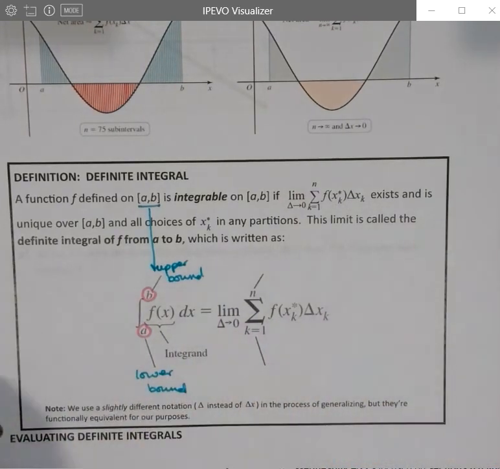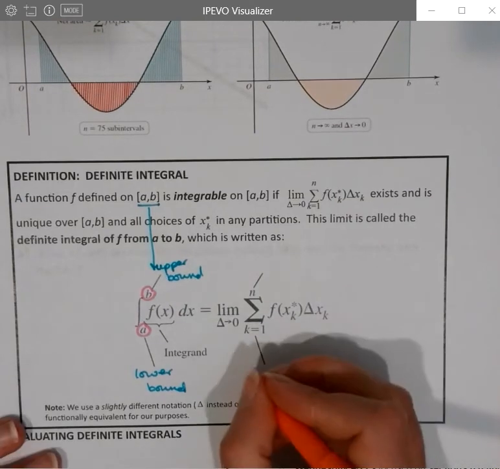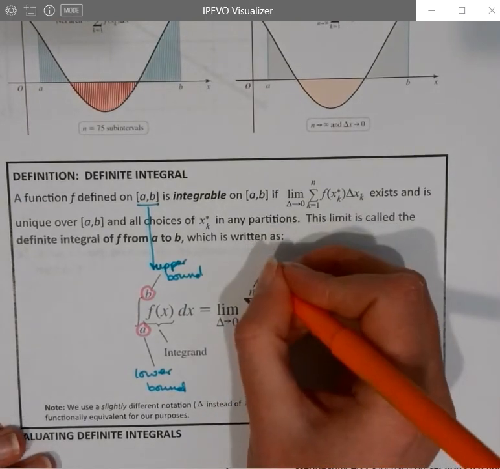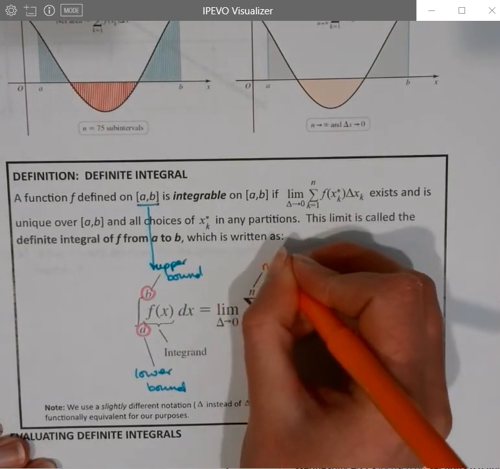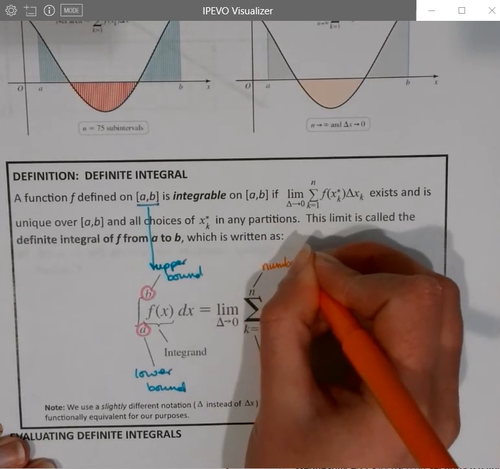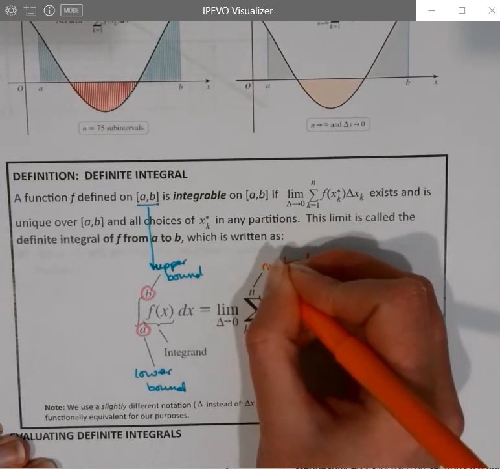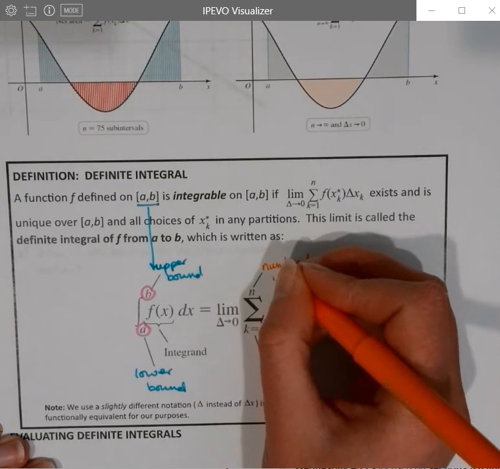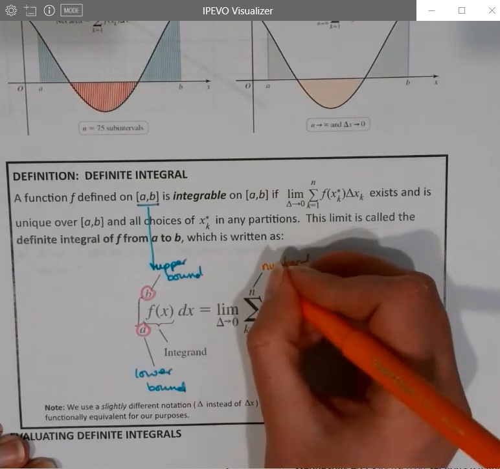For the k values in our summation, k equals 1 is just the starting value, and n is the number of iterations, or the number of dividers in the subintervals.